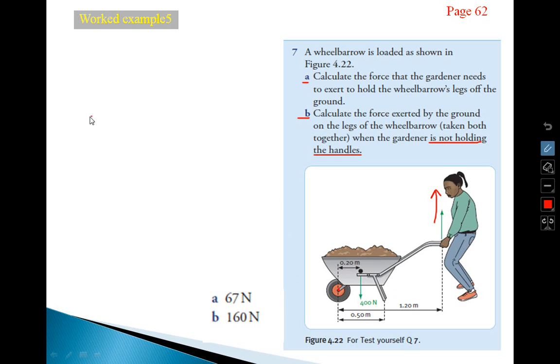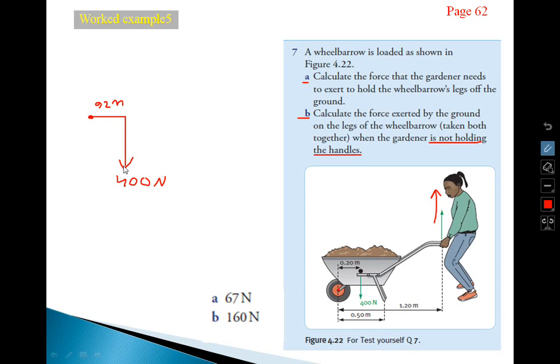We start from this point and move to the right side, and we find the weight of 400 Newton, acting this way. Sorry, it is hard to write with the mouse. It is 400 Newton with a distance of 0.2 meter. So there is a force with a distance.